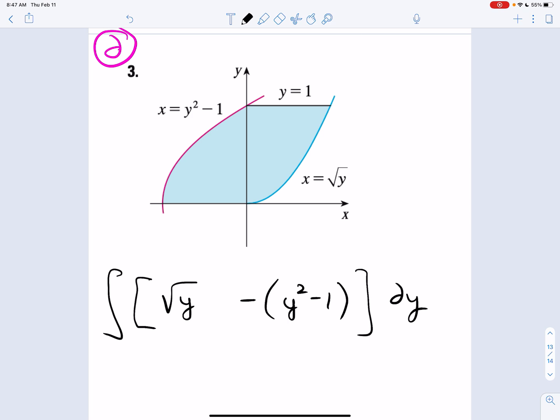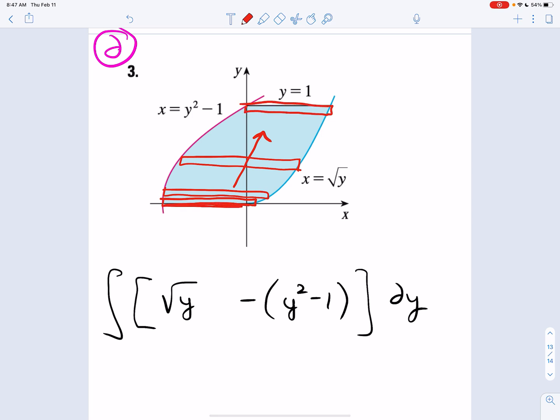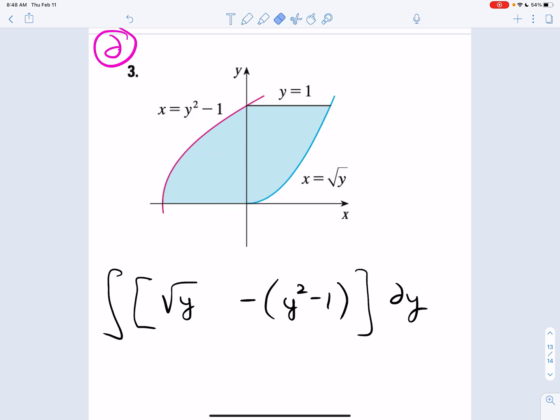Remember, dy means you're drawing a bunch of horizontal rectangles. So you're accumulating, starting here, moving all the way up to the top. At what y value does the region start and stop?